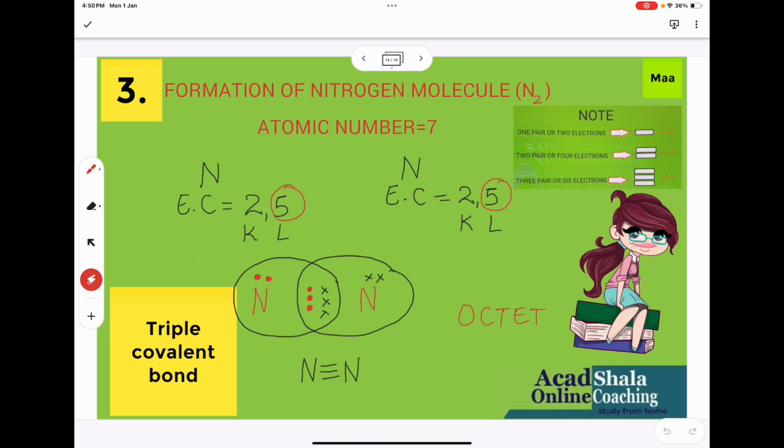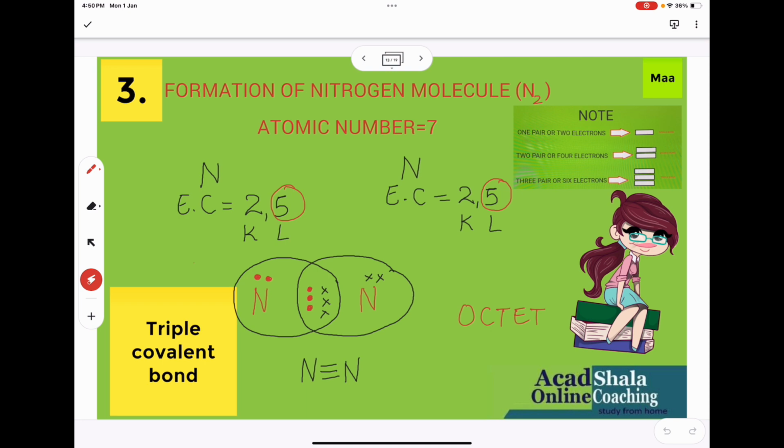So in the case of only hydrogen, we will have the duplet. Again, I repeat, we will have the duplet in the case of hydrogen only because it always has atomic number 1. That is why the duplet is always in the case of hydrogen. And others will have the octet, that means the stable gas configuration.